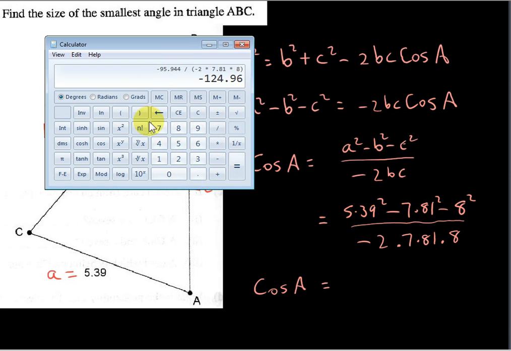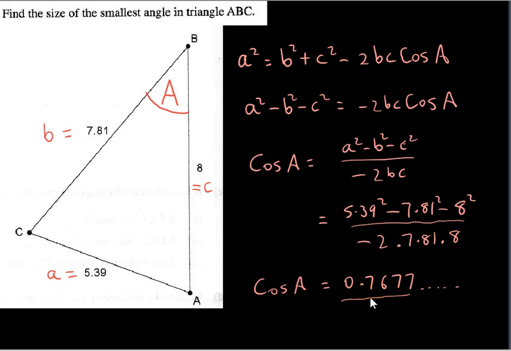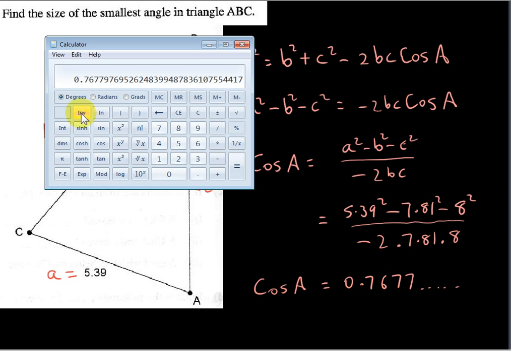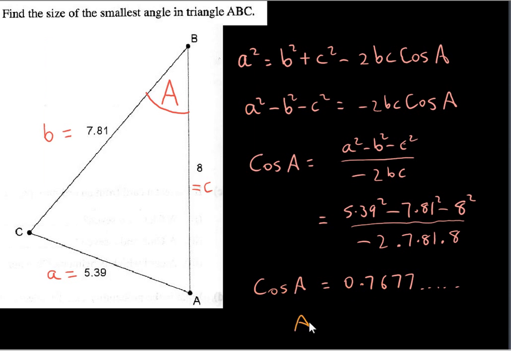So you can bracket this, and we get 0.767797, etc. The cos function is always a number between minus 1 and plus 1, so this number here should always be between minus 1 and plus 1. If it's not, there's something wrong. Anyway, we want the inverse cos of this quantity. So to one decimal place we get 39.8 degrees.